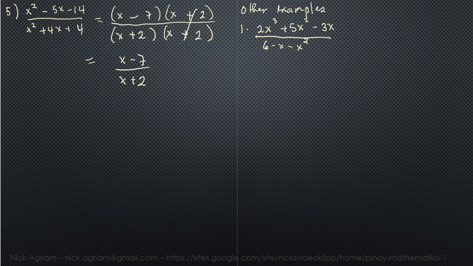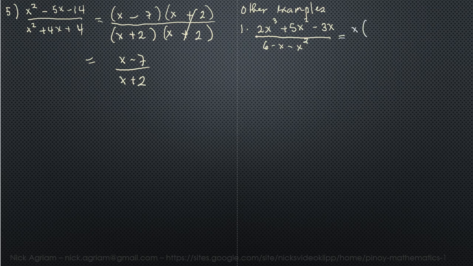Now, as I've said, I am going to give you a more complicated example, like this one. As you can see now, what you can see is that you have x in all terms. Then you can start with that.